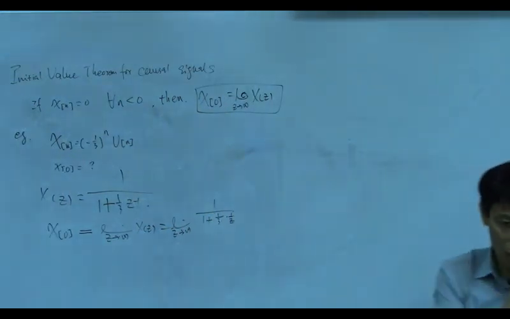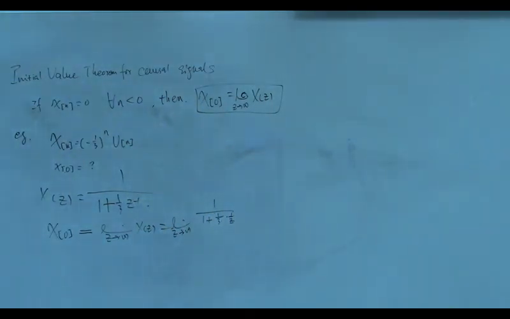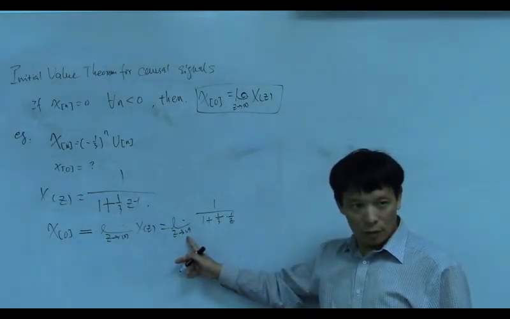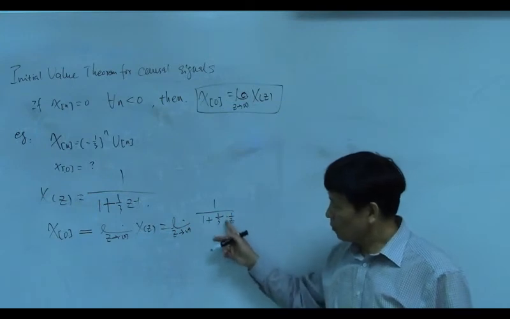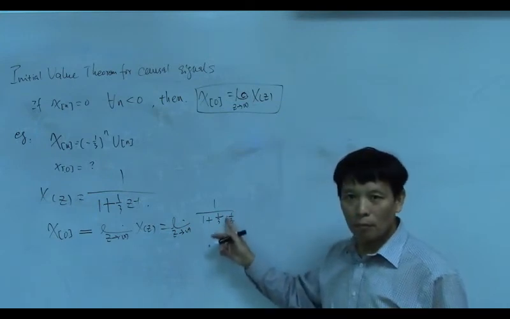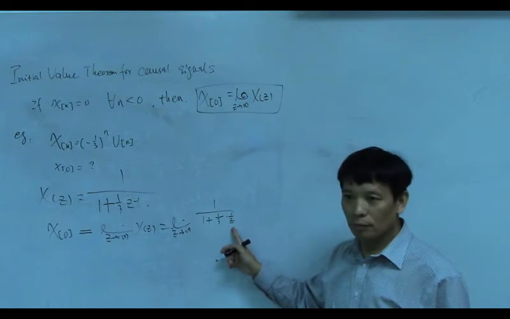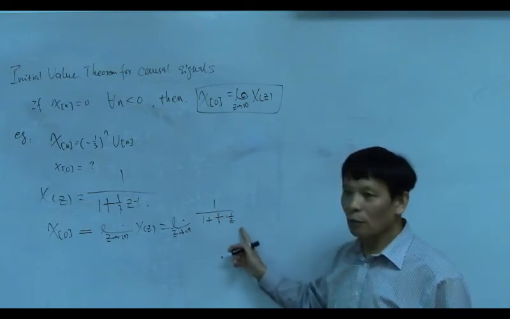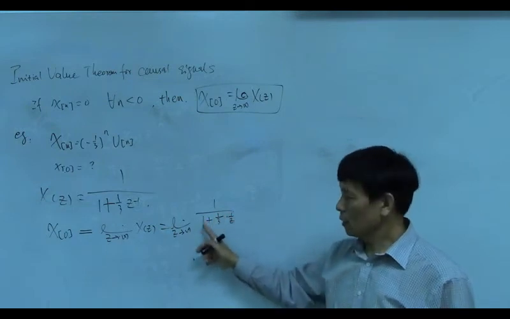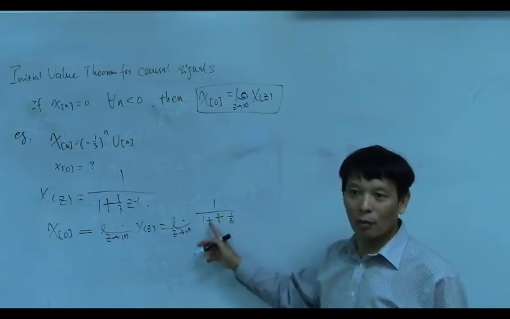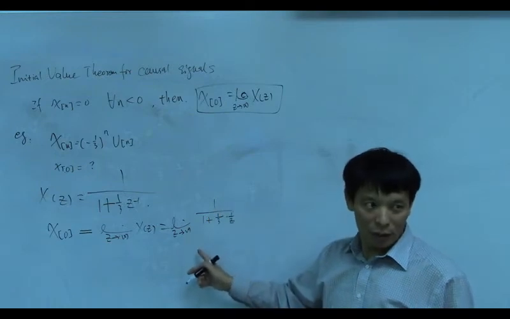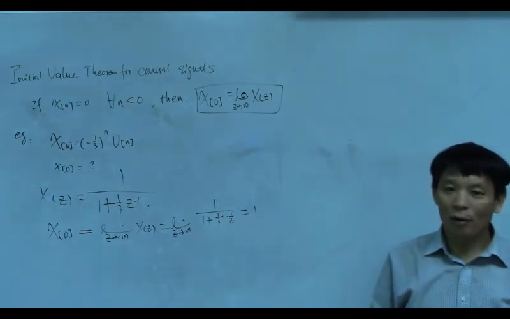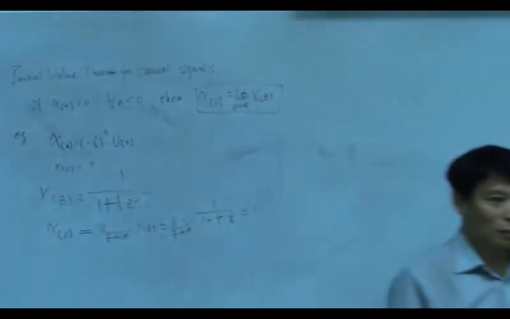Okay, so make this easier to see. When z goes to infinity, what is this? 0. This part equals 0. The denominator equals 1. So the limit equals 1. Oh, yeah, that is here. We know that.